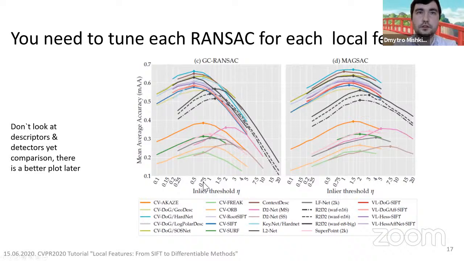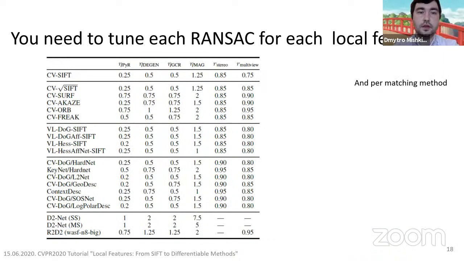This is for different RANSACs, so you can see that the curves are different: some RANSACs are more forgiving and others are less forgiving, and for each local feature you need to pick a different threshold, otherwise you might have very inferior results. Don't try to catch which local feature is which. I'll go to this later and describe it in detail. It's just to show you that these optimal thresholds vary really greatly.